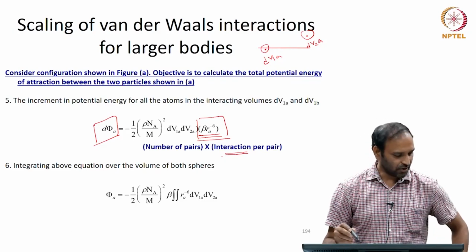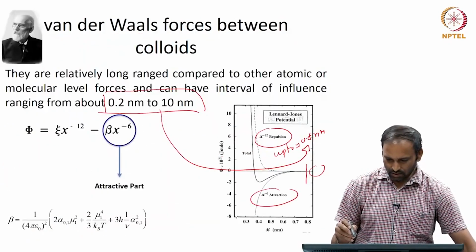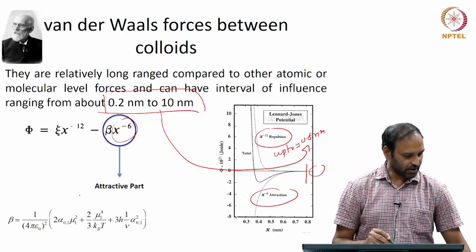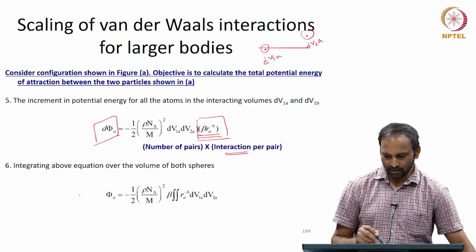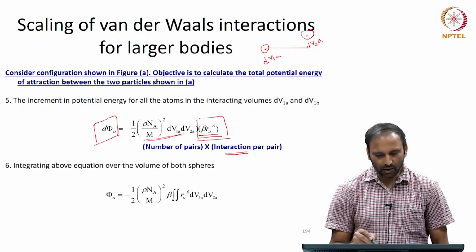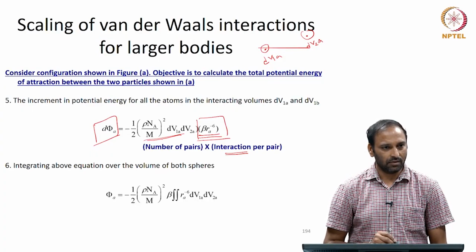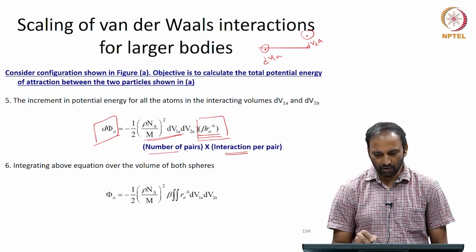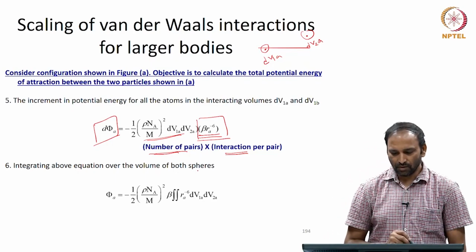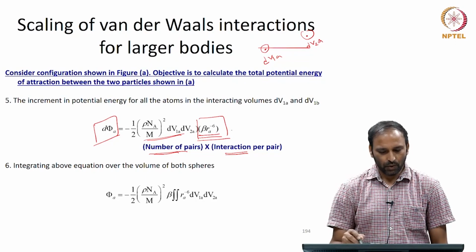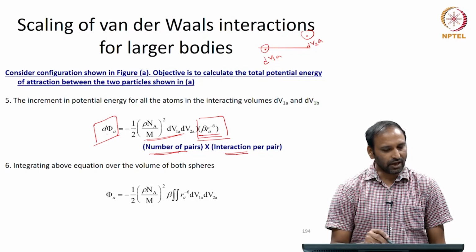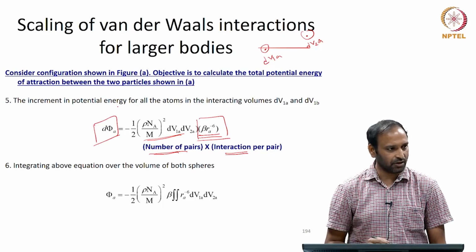So let us go back, this is the interaction per pair, multiplied by the number of pairs. The number of pairs multiplied by the interaction per pair will give you the increment in the interaction potential.